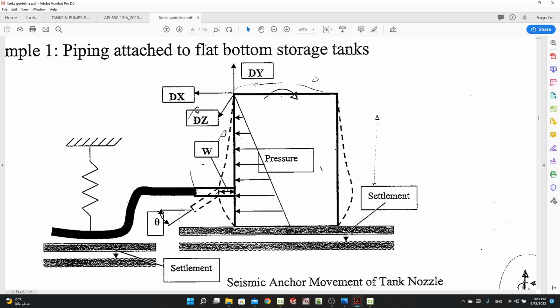The foundation will settle down, which means it will go downward by a certain amount of millimeters, maybe centimeters, and this is calculated by the civil group, and it is given to us to consider while we are doing our calculation.